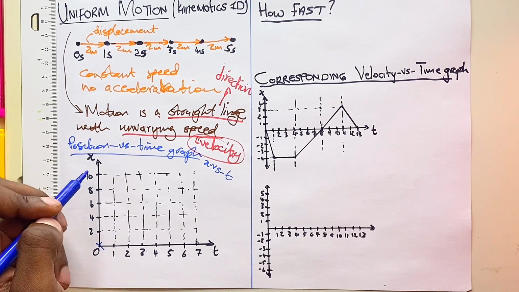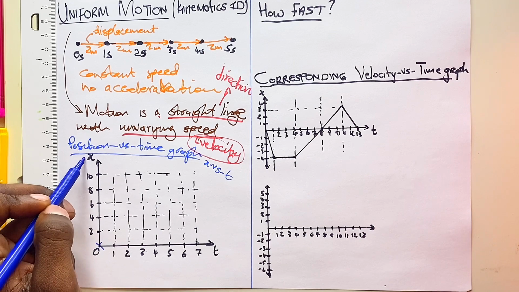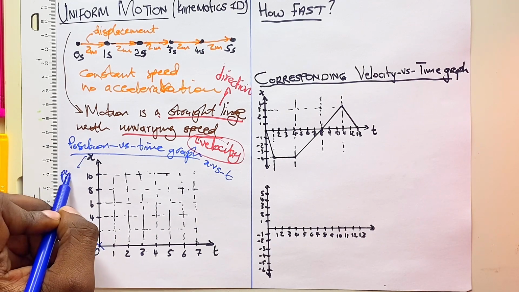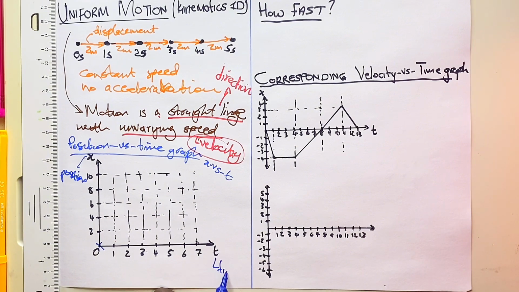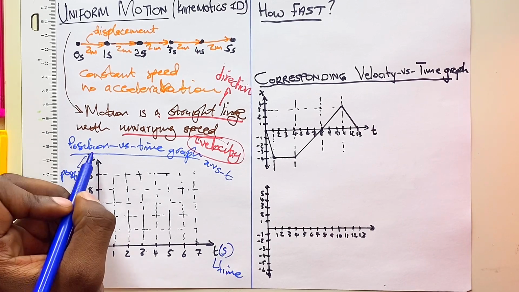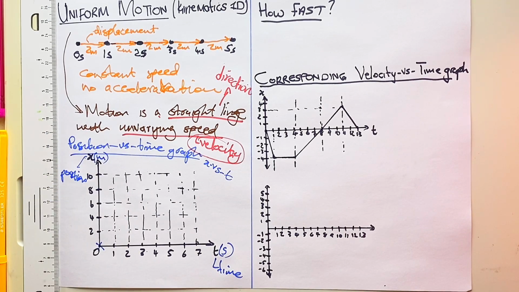Now we plot it. Here you can see I wrote the x, and the x will show us our position, and t is for time. Now time is in seconds, position is in meters. After 1 second, we are at 2 meters.